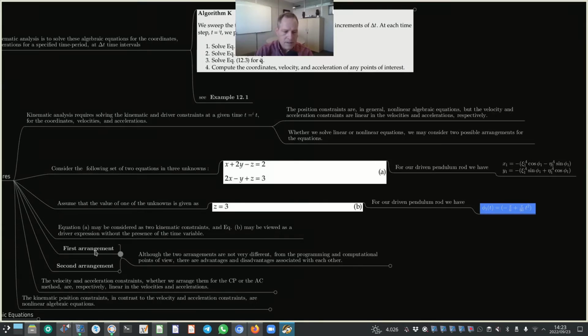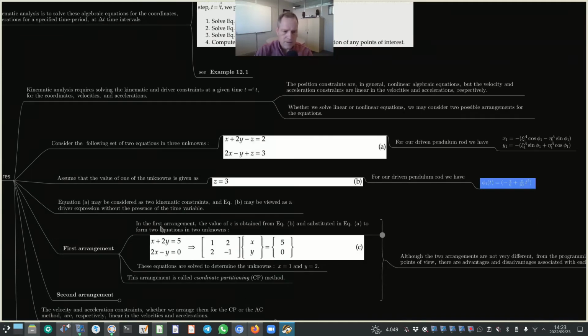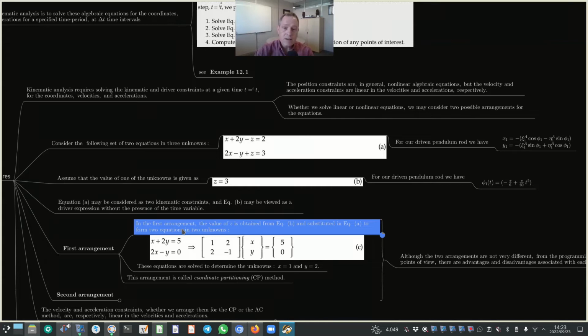Now, let's look at the two arrangements that we spoke about earlier, in which we can solve these three equations. In the first arrangement, the value of z is obtained from equation B and substituted in equation A to form two equations in two unknowns.